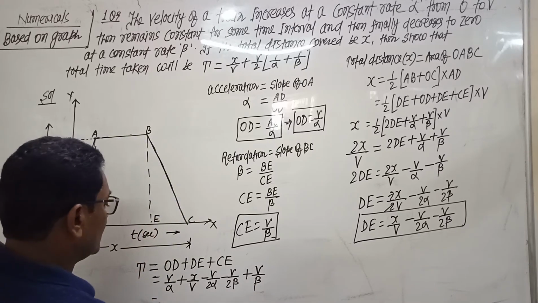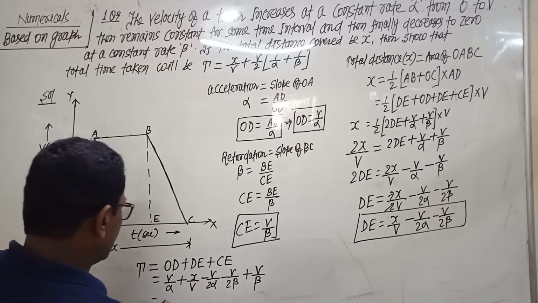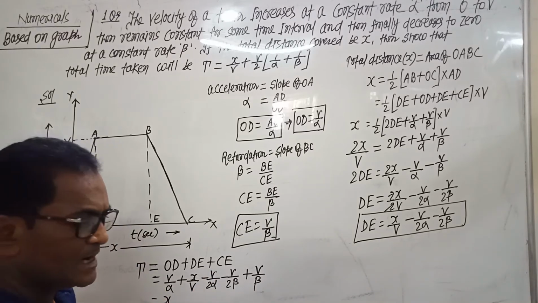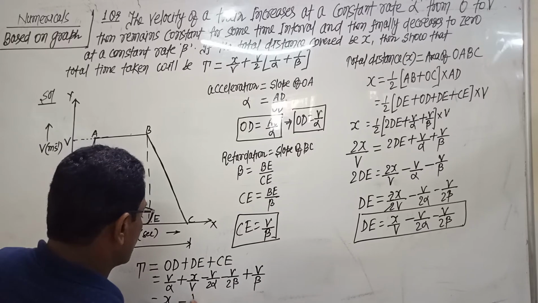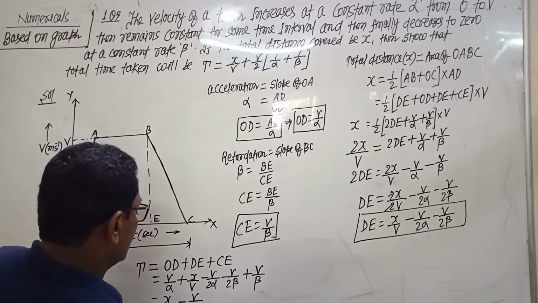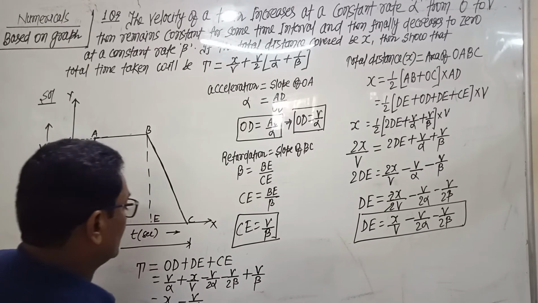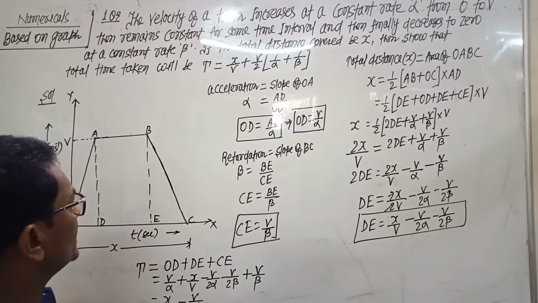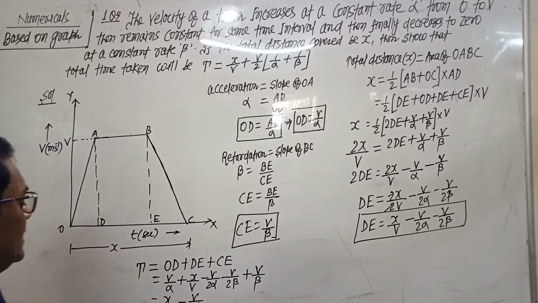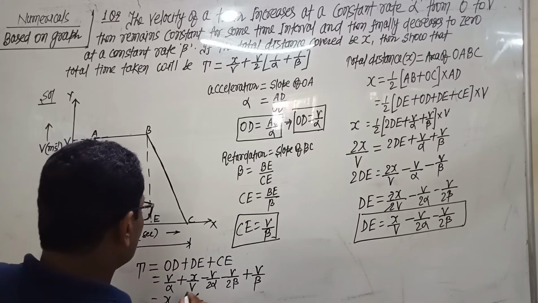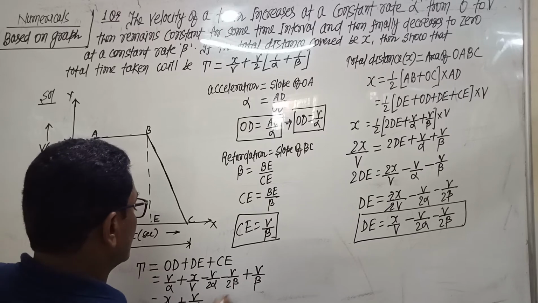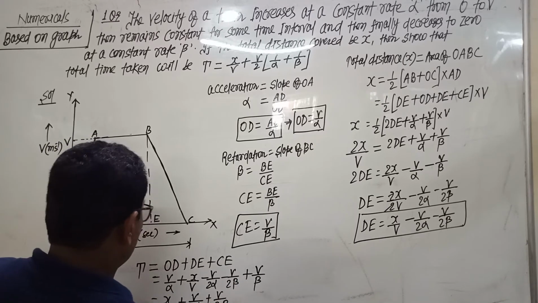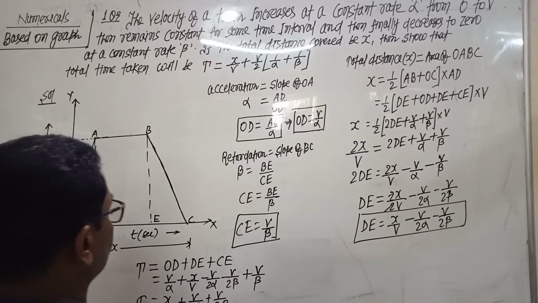So we get x by v, and v by alpha minus v by 2 alpha, and v by beta minus v by 2 beta. This gives plus v by 2 alpha and plus v by 2 beta, and this was time t.